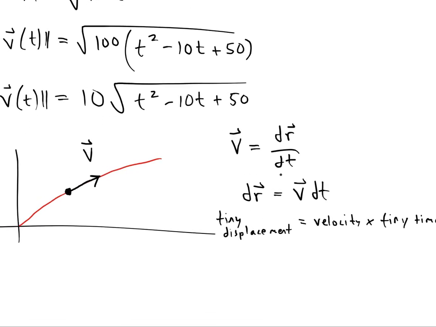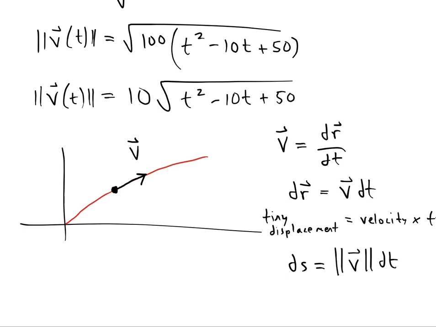We could also write it in its scalar form, which would be ds equals the speed times the tiny time. That's the formula we want to use to integrate to find the arc length, because ds is like a length.